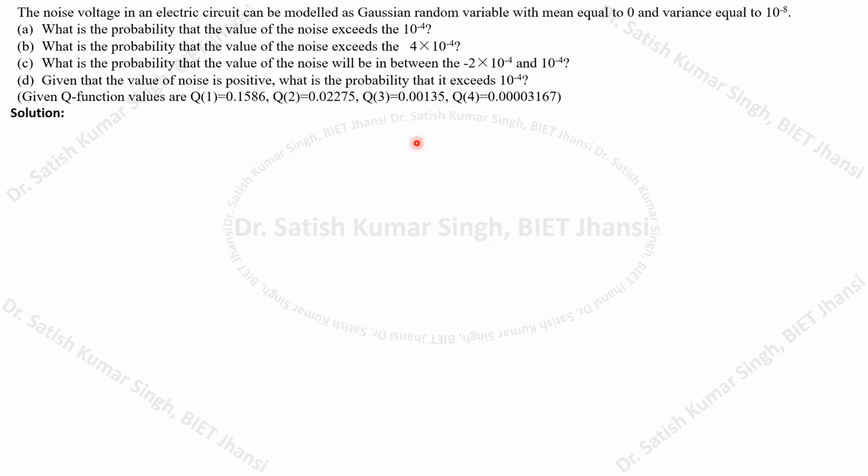And in the last point, given that the value of noise is positive, what is the probability that it exceeds 10 to the power minus 4? So these are the problems that we have to find.